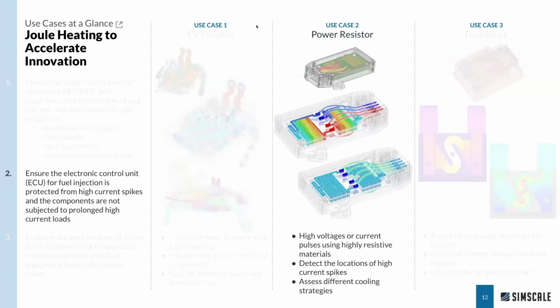Another relevant case is power resistors, where the objective is to avoid subjecting components to prolonged high current loads. Simulation allows identification of locations where high current spikes exist, and through simulation, different cooling strategies can be easily assessed so that the design and the performance can be optimized.